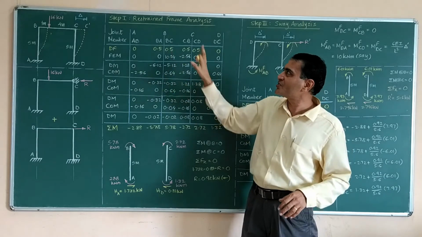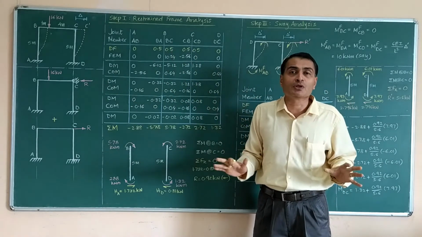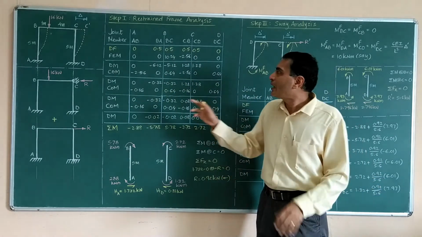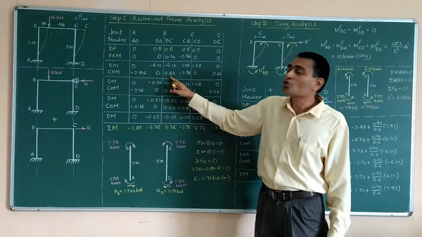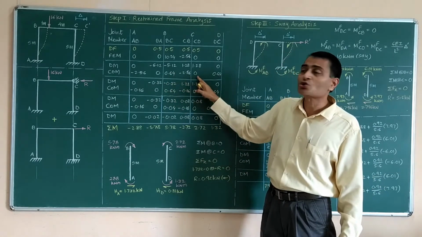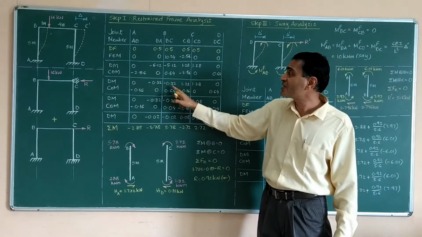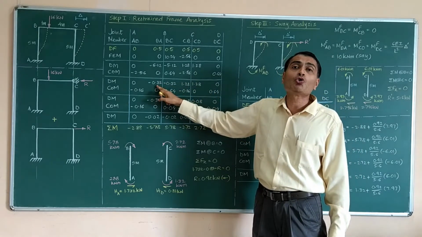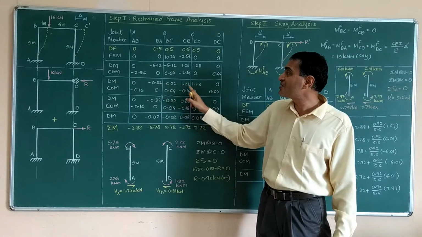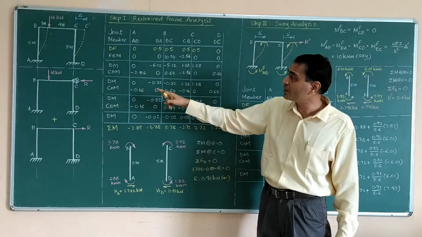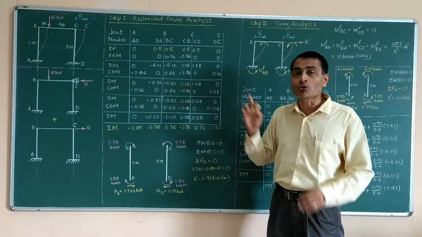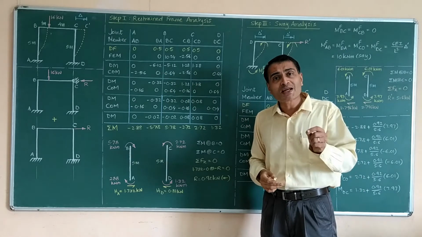The frame design is such that our table is quite simple, no issues. Again, imbalance of 0.64, imbalance of minus 2.56, balancing moment into distribution factor, balancing moment into distribution factor, half carried over. Please do it actually.